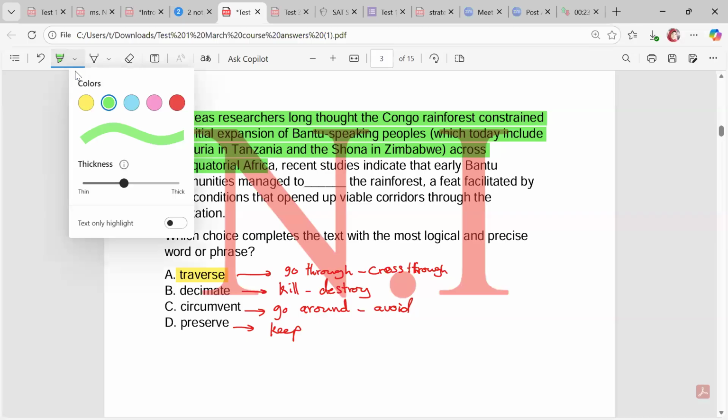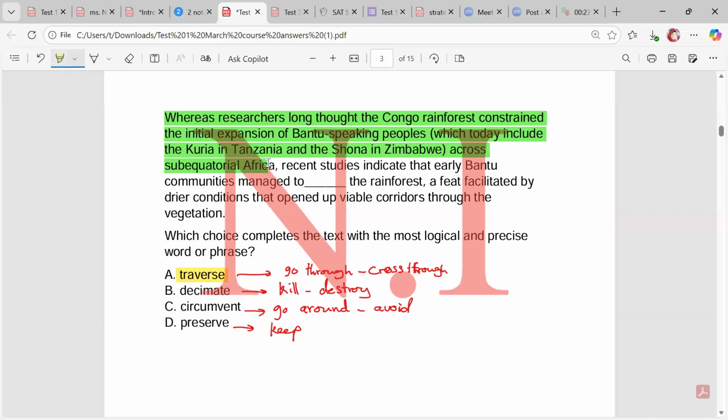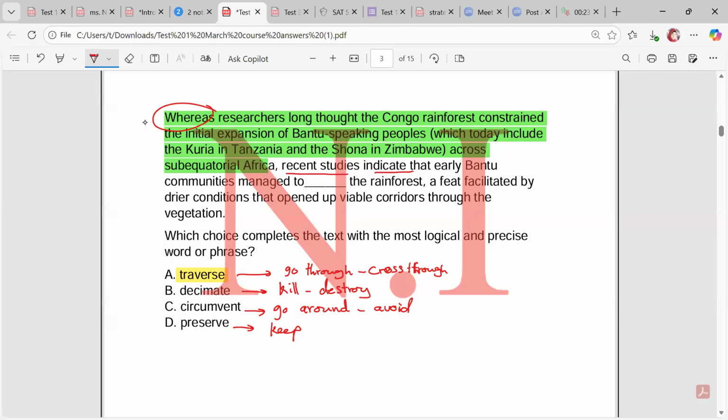Recent studies indicate that early Bantu communities managed to what the rainforest? Because I have here whereas, which is a contradiction right away. Whereas they long thought the Congo constrained, meaning limited, prevented.